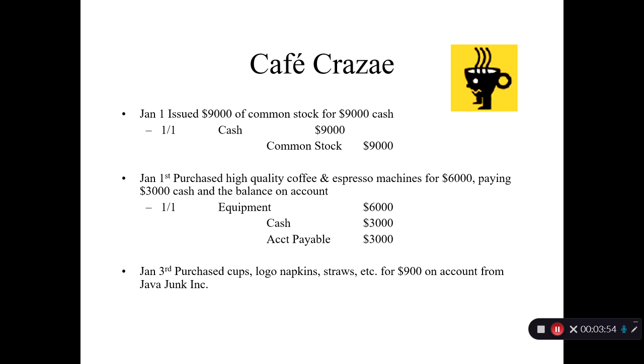They would be an asset. And we're buying them on account, which means we are creating a debt. We're going to create a debt or a liability called accounts payable. So the entry here would be to debit supplies for $900. Our asset supplies are increasing. That's why we debited supplies. And we're going to credit accounts payable, which we're increasing a liability for $900 as well.